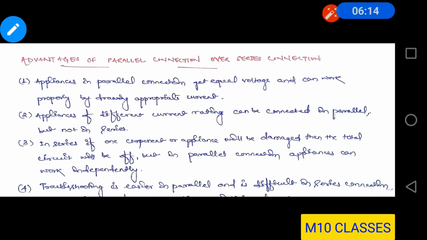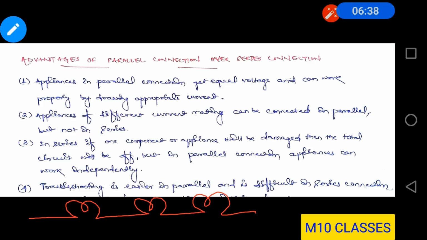Let us come to the third point. In series, if one component or appliance is damaged, then the total circuit will be off. But in case of parallel connection, appliances can work independently. Let us take another example. I will take 3 bulbs in series.